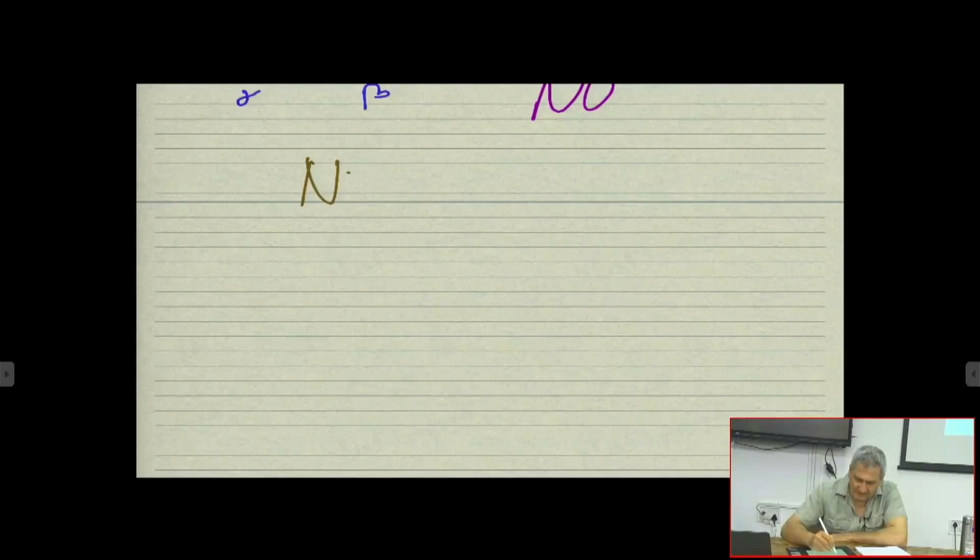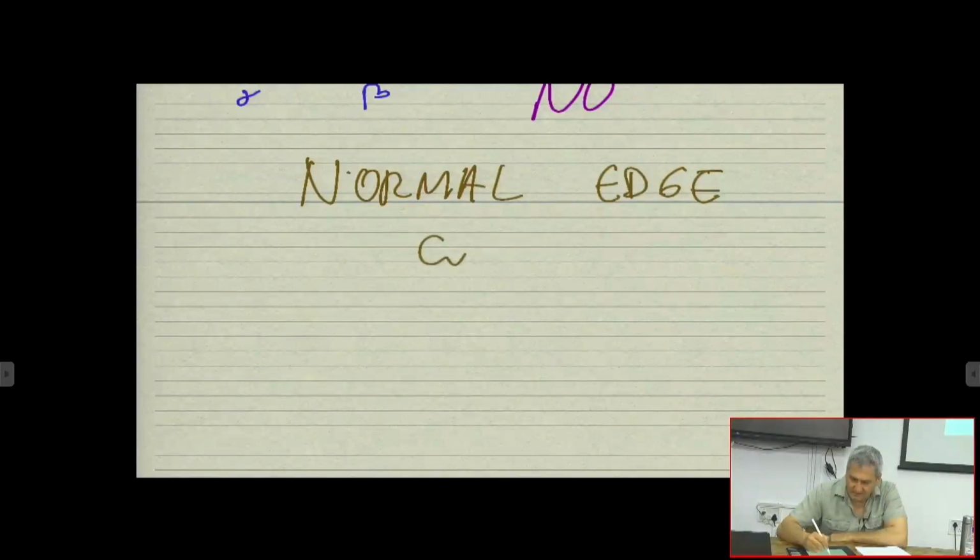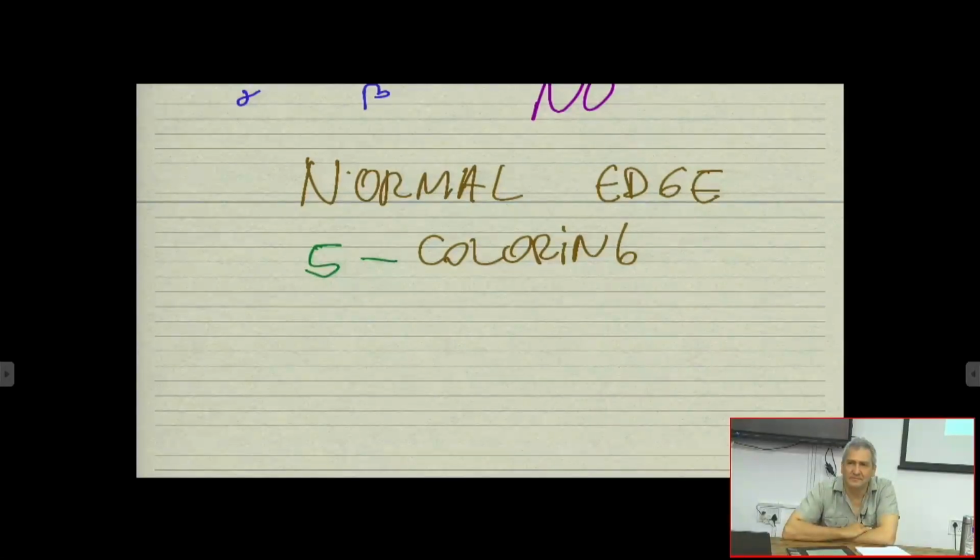Normal edge coloring. Actually, what is important, normal edge 5 coloring. We're going to use 5 colors. Okay?